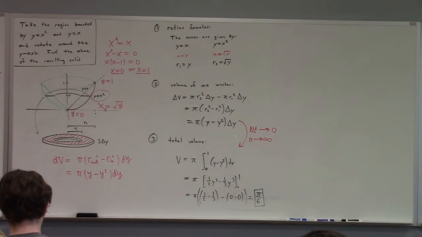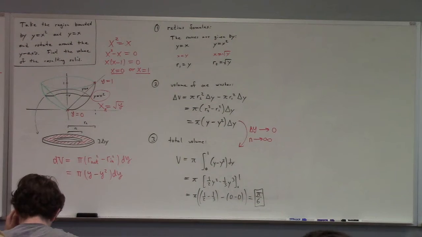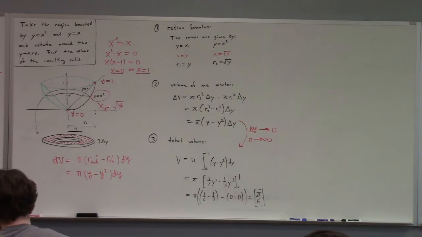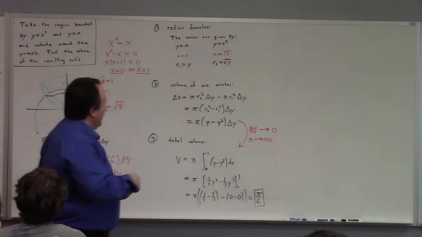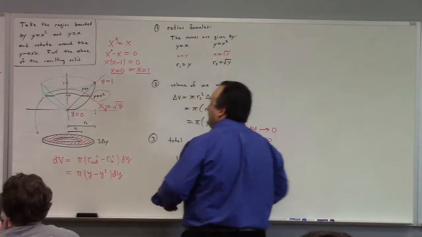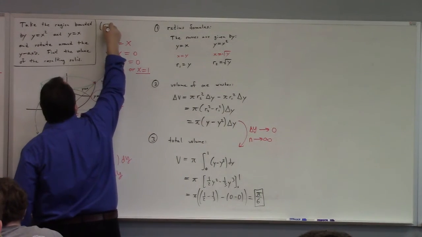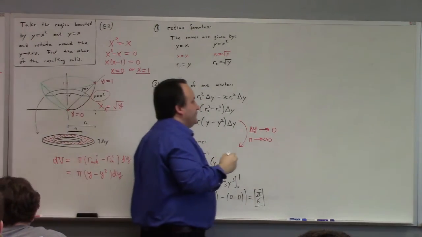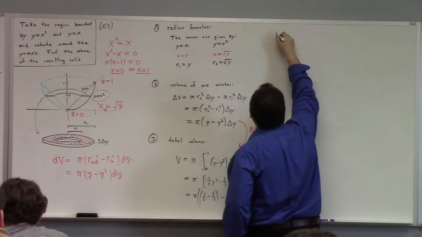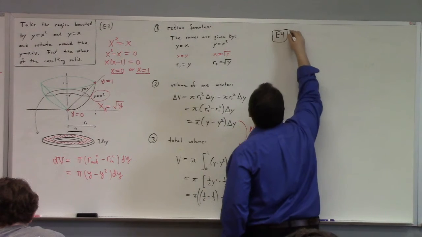Let me ask you guys a slightly different question. I guess this was our example 3, so this is example 4. I'm going to turn the tables on you guys.